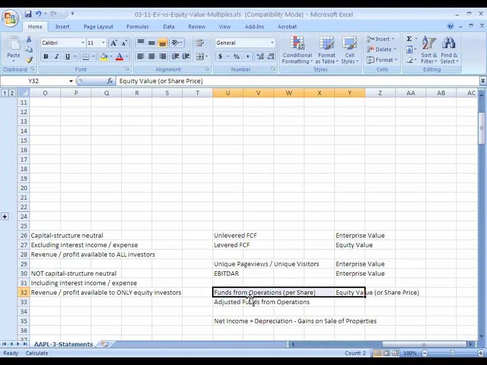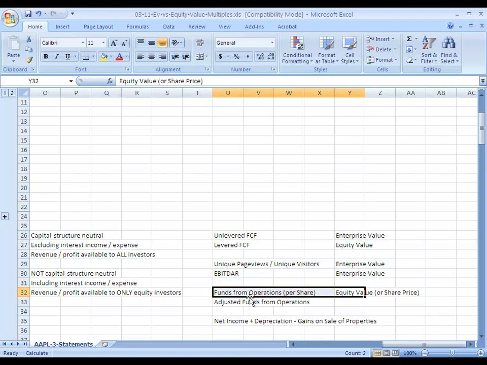If you ever get stuck and you need to think about this in an interview, think about whether the metric that you're presented with is before interest income and expense are factored in, or whether it's after they've been factored in. If it's after interest income and expense have been factored in, use equity value. If it's before interest income and expense, then you use enterprise value. And that's the simplest way to think about this and reason your way through these questions in the context of interviews.